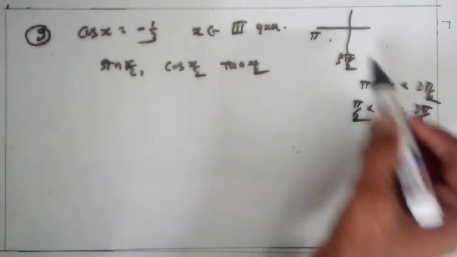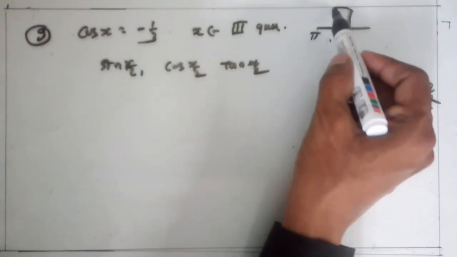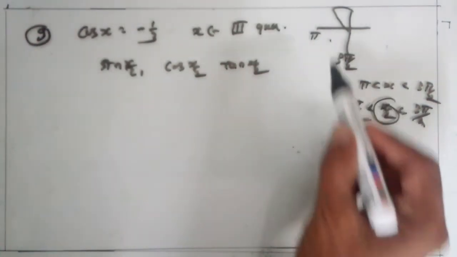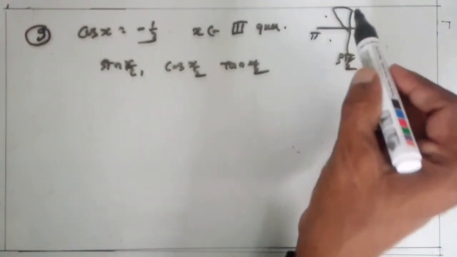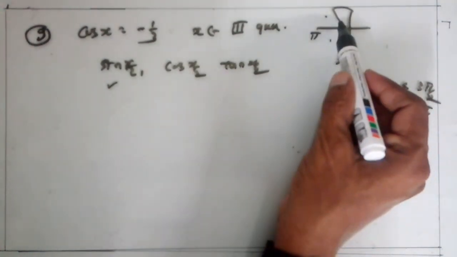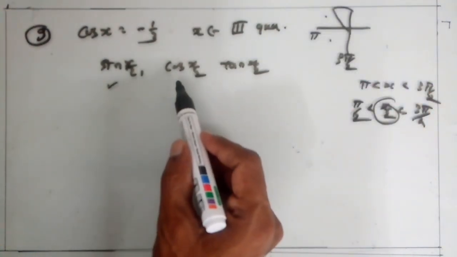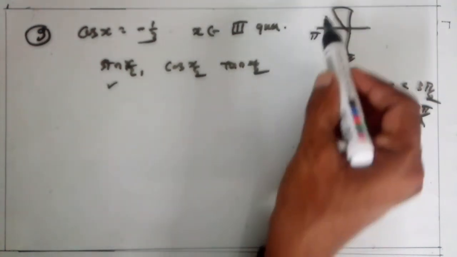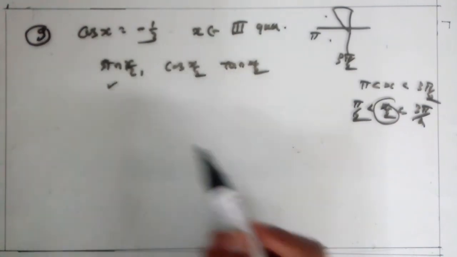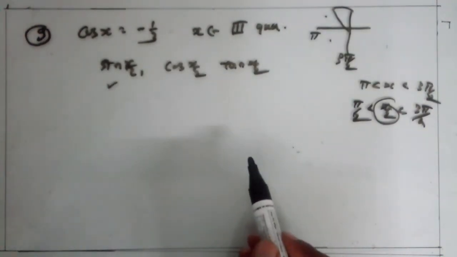Pi by 2 to 3 pi by 4, that means in the second quadrant. x by 2 lies in the second quadrant, and in the second quadrant sin is positive, so sin x by 2 we take positive, and cos is negative, so in this case cos x by 2 we take negative, and tan is also negative, so taking the ratio of these two, we directly get the negative value of tan x by 2. Clear? Just try to solve this yourself.